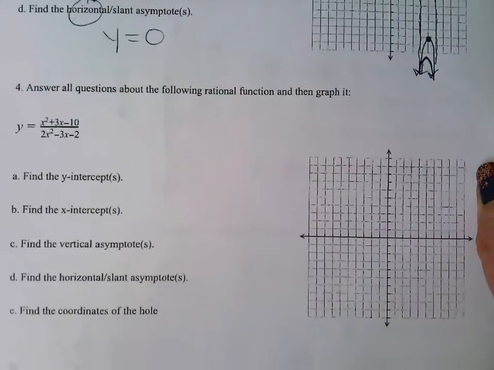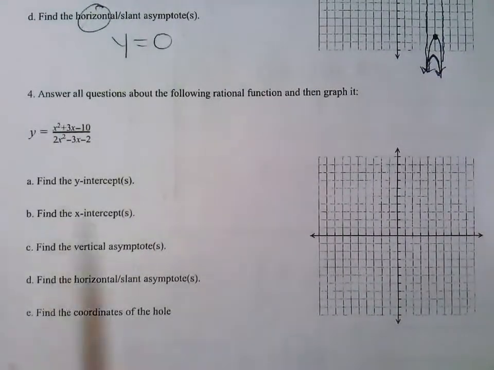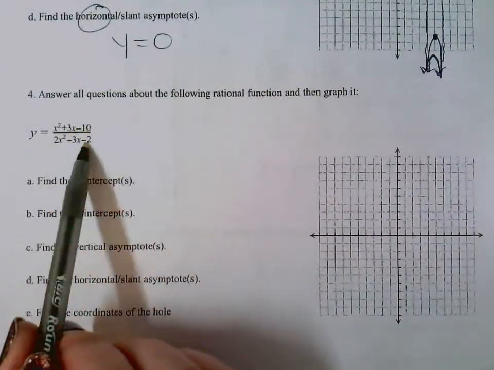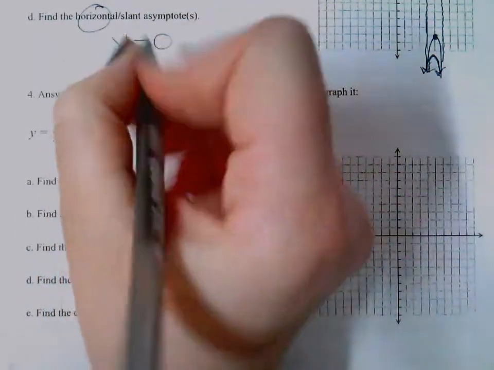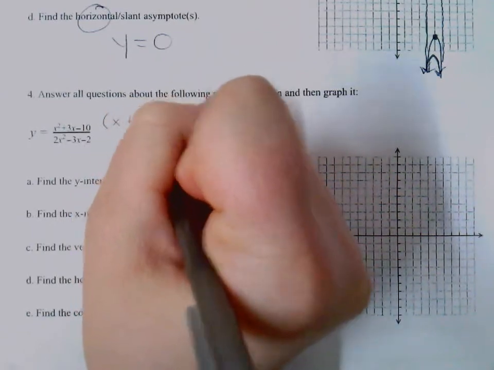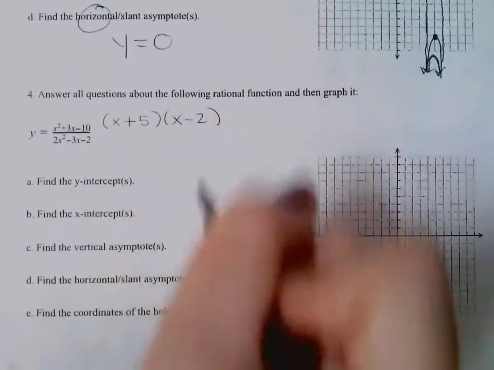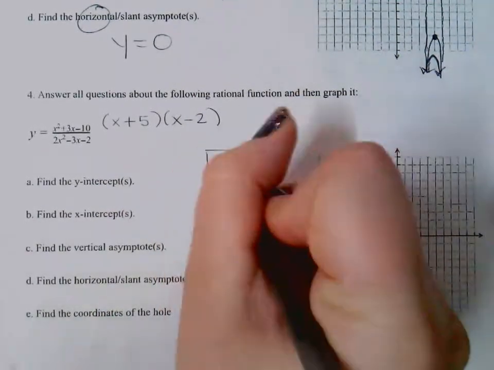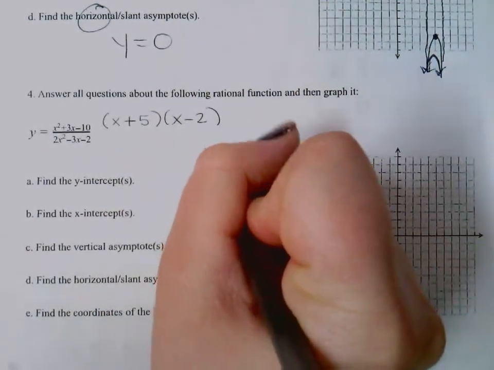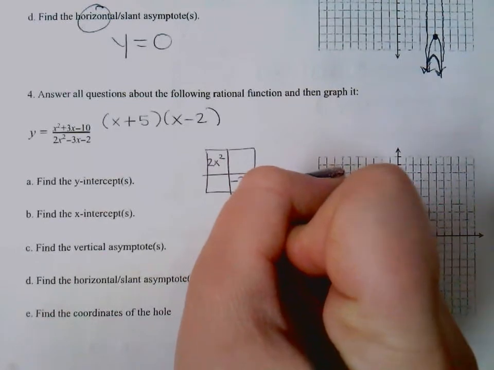All right, number 4. Before we start, we should factor the numerator and the denominator to make sure there are no factors that could be canceled. So let's see, this would be x plus 5, x minus 2. And then the box method for this part of the problem: 2x squared, negative 2.